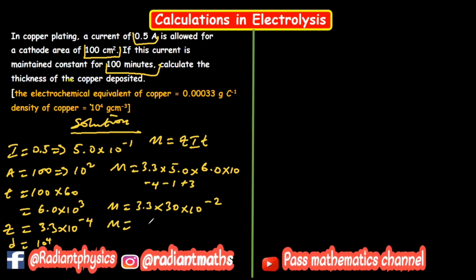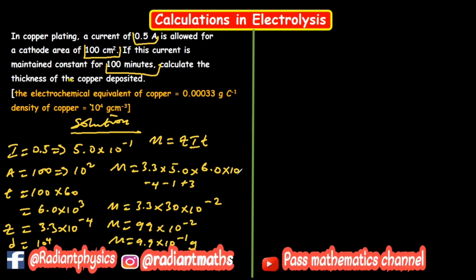So we have 99 times 10 to the power of minus 2. In proper standard form, this is 9.9 times 10 to the power of minus 1. So this is the mass of the substance that is deposited, that is, the mass of the copper.